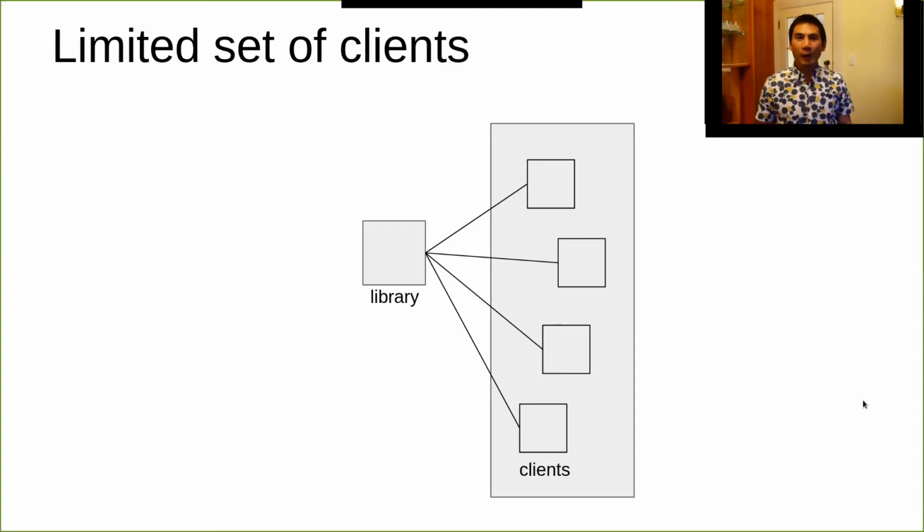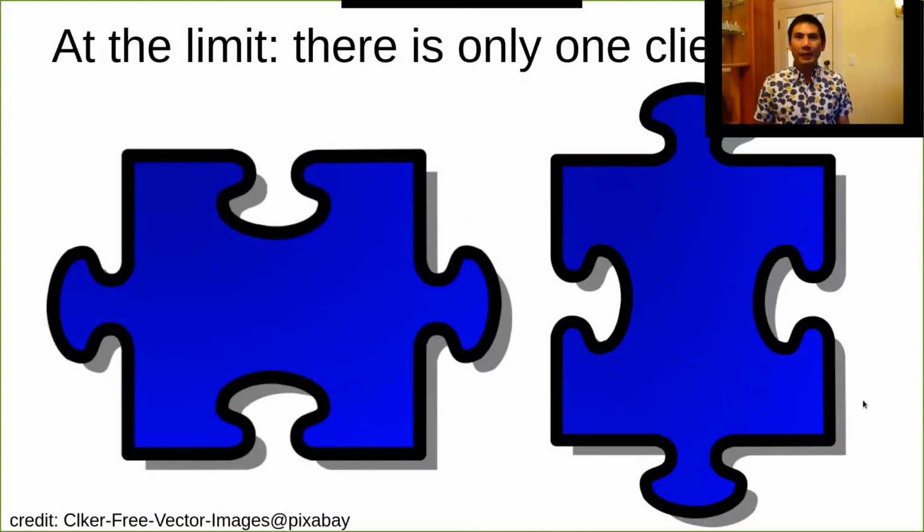If you're not one of those 4 clients, then you might be in trouble. If those 4 clients are representative of all the clients, then you're good. Finally, at the limit, and from the downstream perspective, there's only 1 client. And so then there's a lot of potential changes which might not affect you if you're lucky.